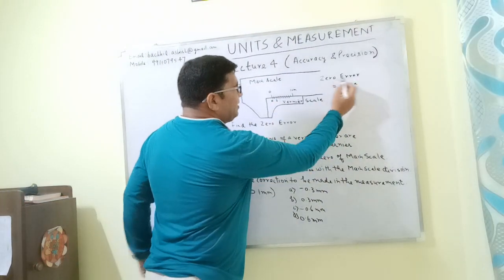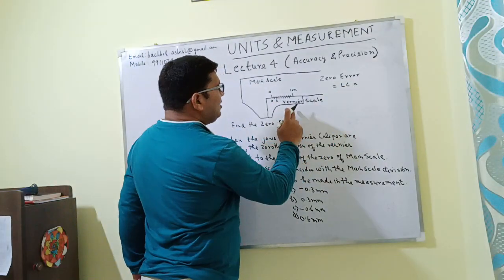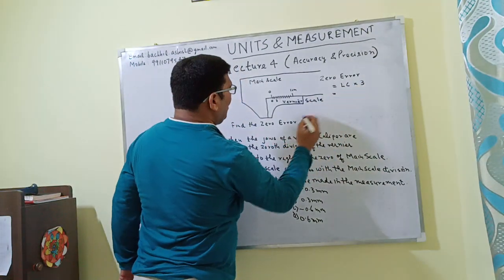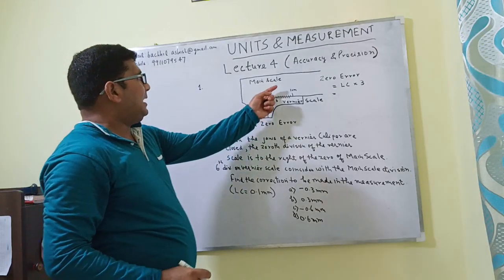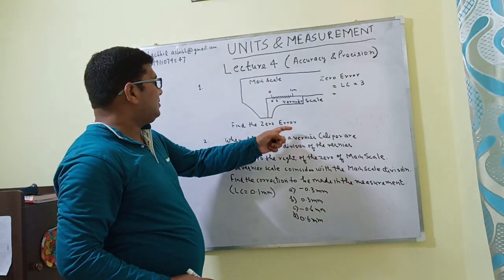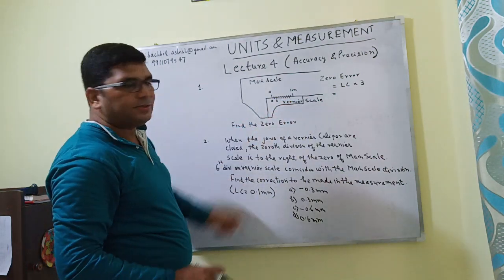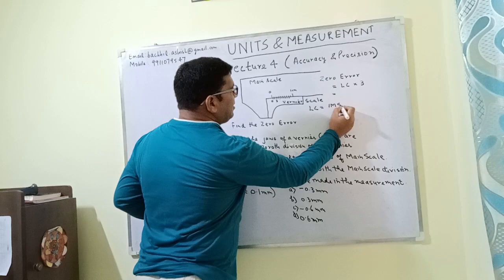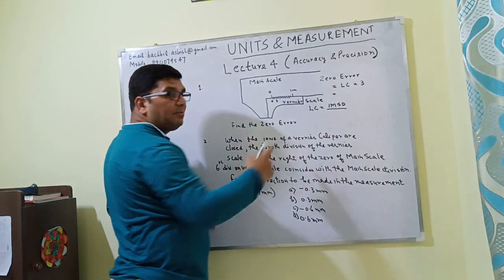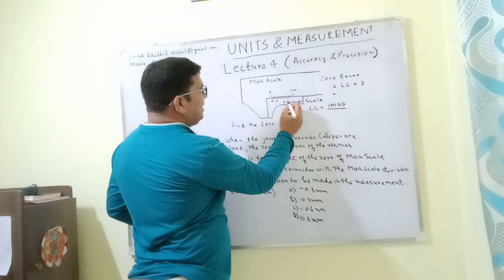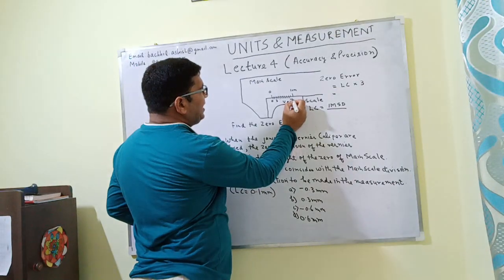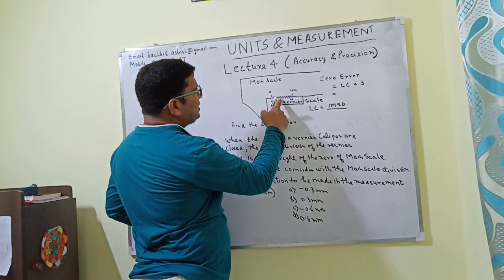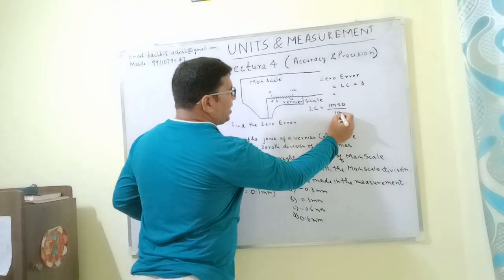So the zero error is equal to LC into the coinciding Vernier scale reading, which is equal to 3 here. The LC, that is the least count of the Vernier caliper, is equal to 1 main scale division divided by the total number of divisions of the Vernier scale. Here you will see that the total divisions on the Vernier scale are 1, 2, 3, 4, 5, 6, 7, 8, 9, 10. There are 10 divisions.